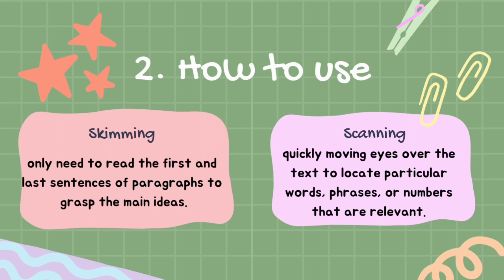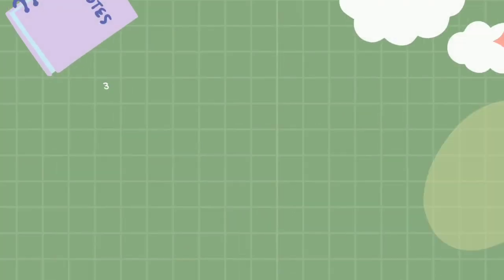Meanwhile, if we want to use scanning, we quickly move our eyes over the text to look at particular words, phrases, or numbers that are relevant. So, if we want to get specific information, we use scanning, and we move our eyes to the words that are relevant to what we want to find out.